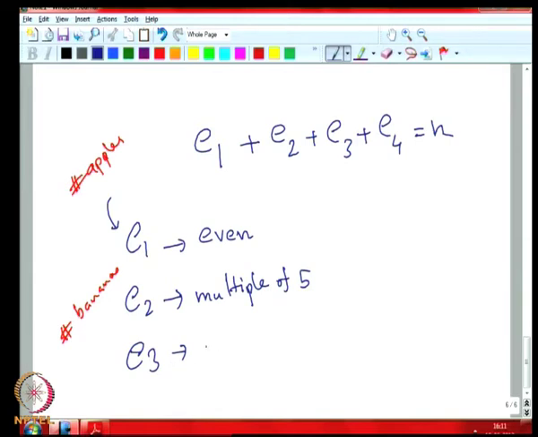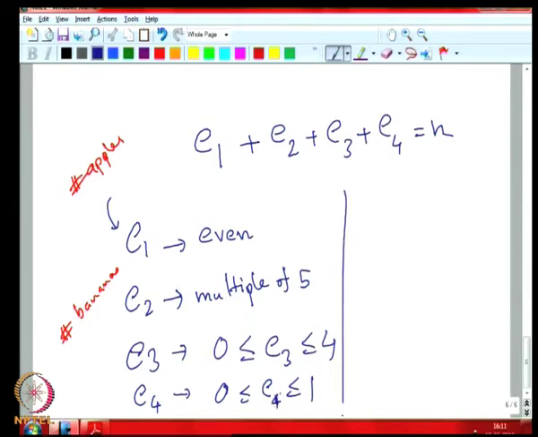That means E3 has to be in between 0 and 4, and E4 can take only 0 and 1. Only two possible values are there for E4, right.